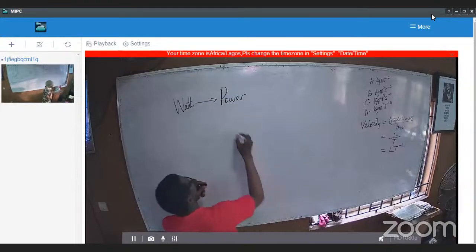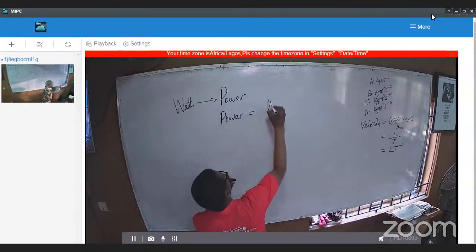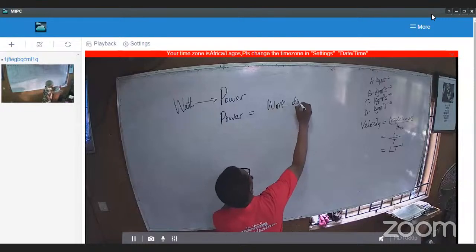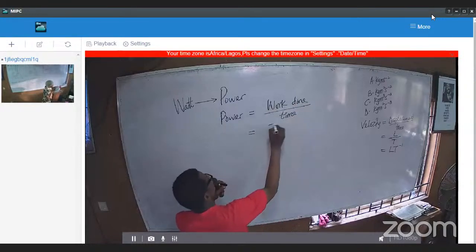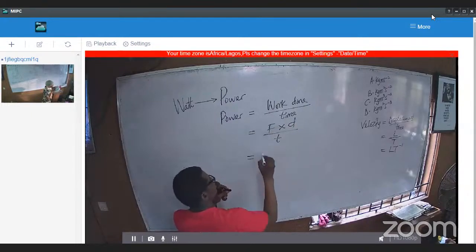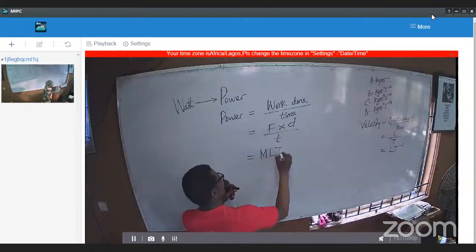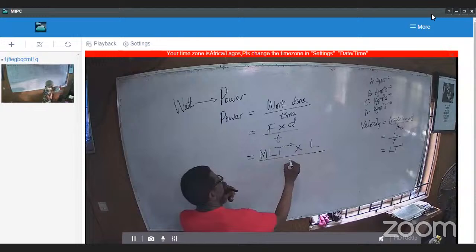So power is what? Power is work done over time. And work done is force times distance. What's force? MLT minus 2. What's distance? L. What's time?